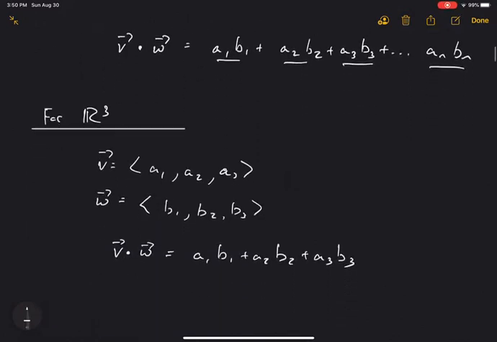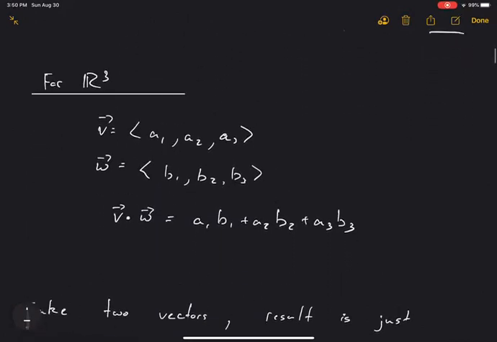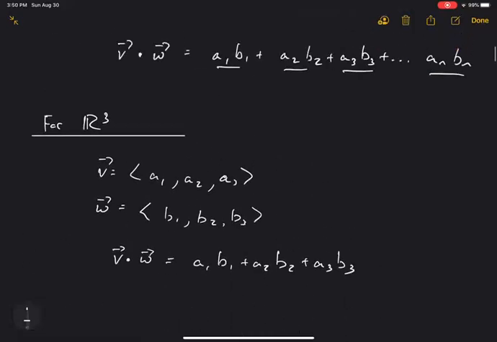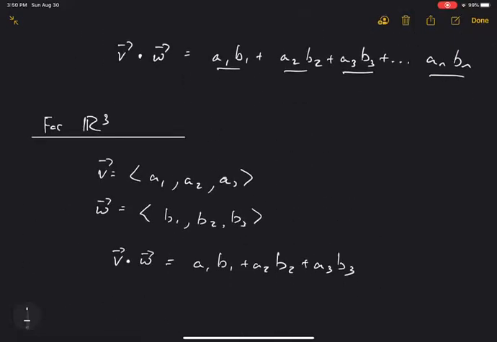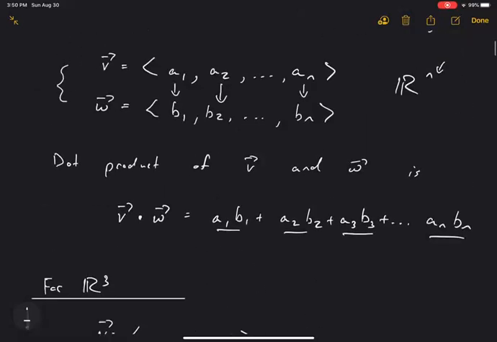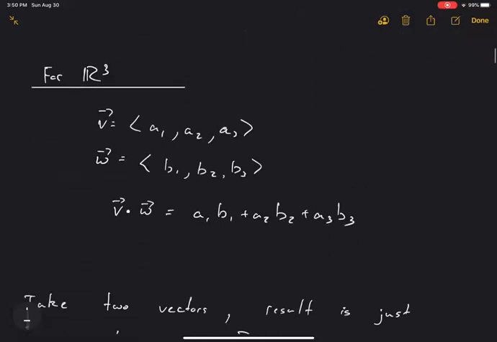Okay, so let's see a concrete example, or well, let's confine ourselves to R3 now, and then we'll see an example. So this is how it looks in Rn, and if you want to be specific, how does it look in R3? Well, in R3, I would have a vector like this: a1, a2, a3, which, if you're more comfortable with it, we could have said x1, y1, z1, or, well, how about x, y, z?